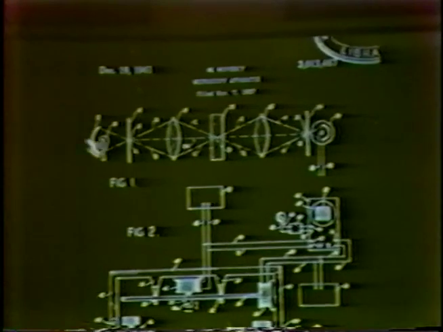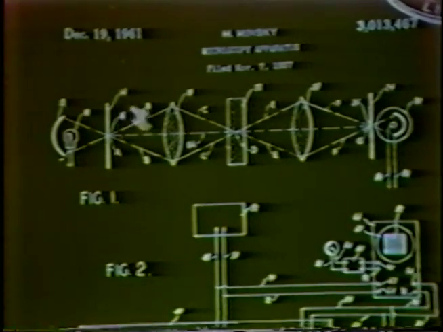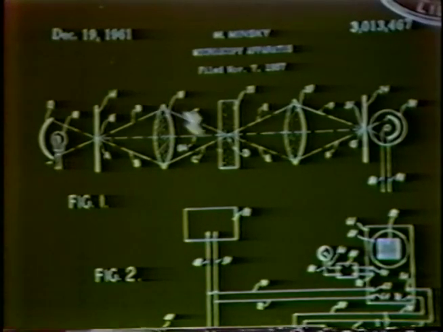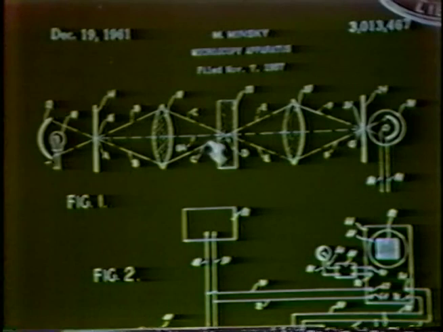And I think this figure 1 of Minsky's patent is probably the clearest diagram of the fundamental principles of how a confocal microscope works that's ever been invented, so let's use it to explain how it goes to you. We have a light source over here illuminating an aperture which is imaged by a lens into the plane which we wish to examine inside the specimen.